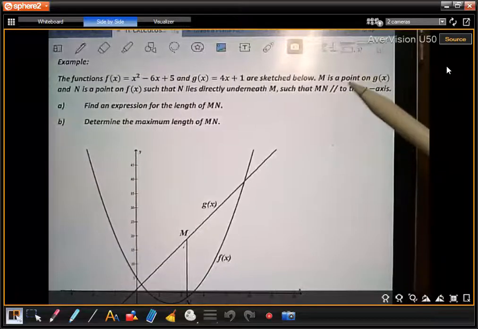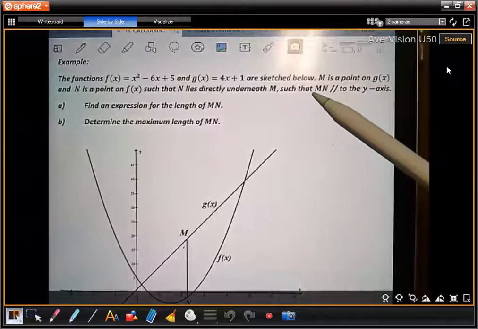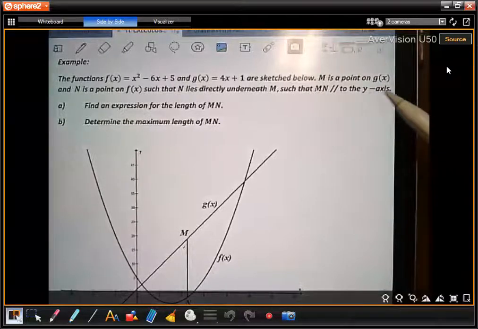Those two skew lines there are supposed to be parallel. This is saying M is parallel to the y-axis.